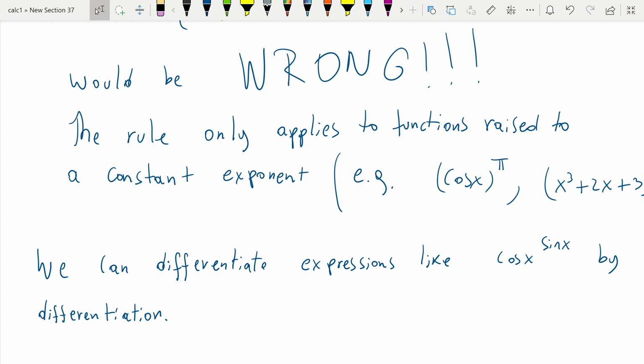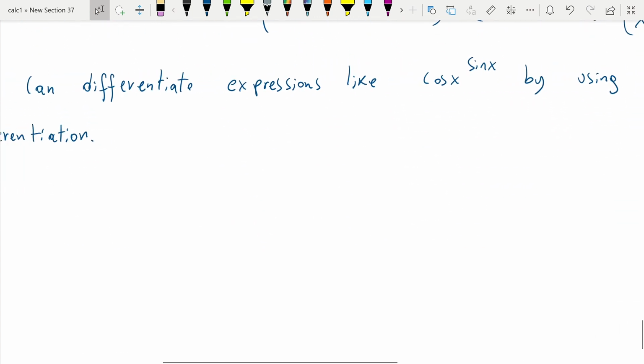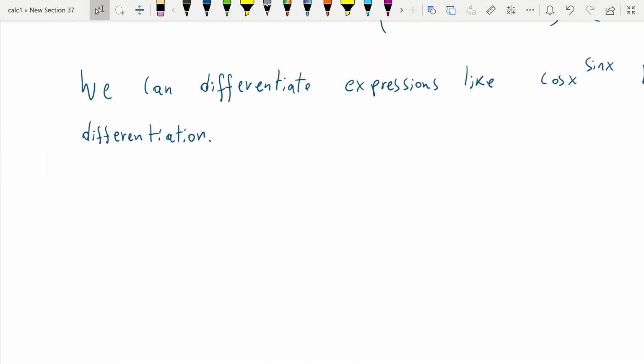We'll still be able to differentiate expressions like cosine of x to the sine of x, and we'll actually be asked to do that for the second midterm. But that will appeal to something called logarithmic differentiation. So those are my two comments that I wanted to make.